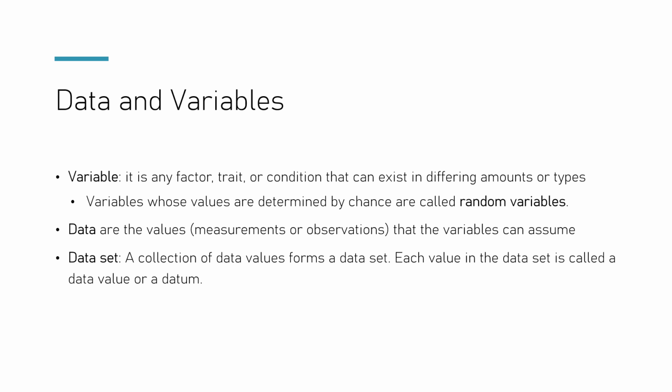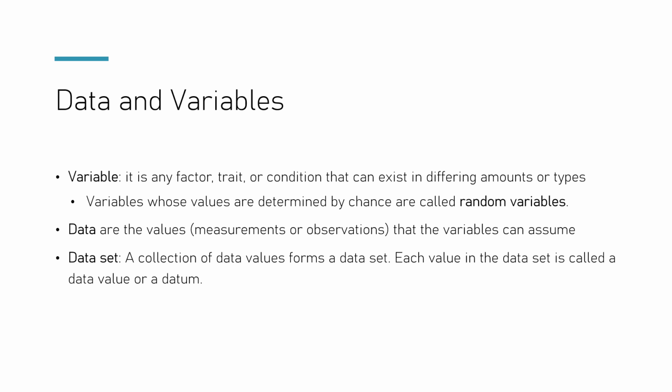Now, what is data? Now, data are the values, measurements, or observation that the variable can consume. So, for example, if we are talking about an age, the data that is a variable, the data would be either the participant is 18 years old or 24 years old or 34 years old. So those data or observation or their ages are the data.